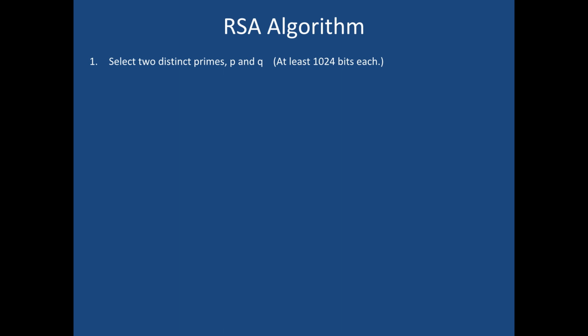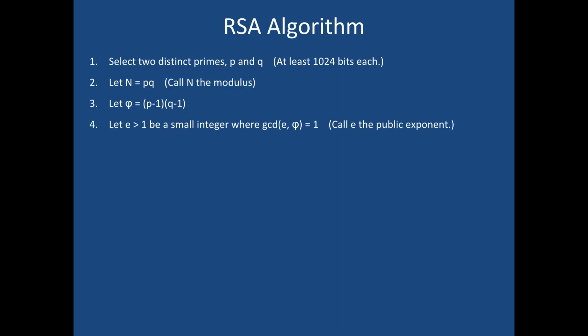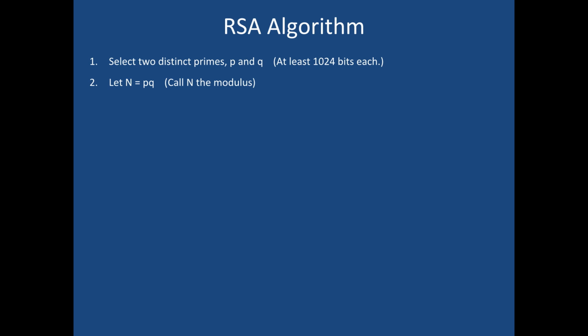So nowadays, this is the recommended length. So that's about 300 digits or so, 350 digits each. We multiply P and Q. We know how to do that. Now we have N. N is the modulus.